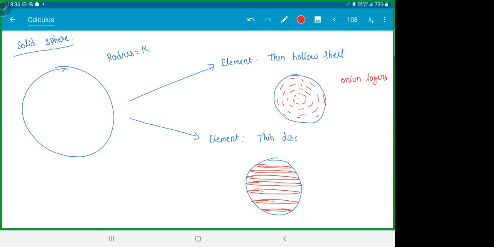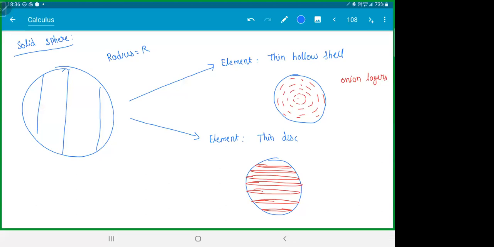Depending on the kind of configuration, you can get any configuration. You get the same answer. I'll show you when to use which. So whenever you take a solid sphere, you can take either hollow shells or thin discs. Clear?